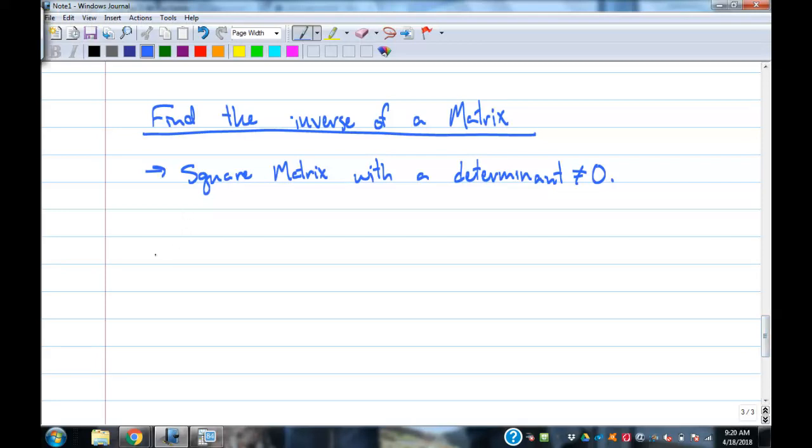Let's just look at an example. I'll show you what I'm talking about. So let's say matrix A is this 2 by 2: 3, 3, negative 5, 6, 4. It doesn't really matter what the numbers are, as long as I make it not have a 0 determinant.